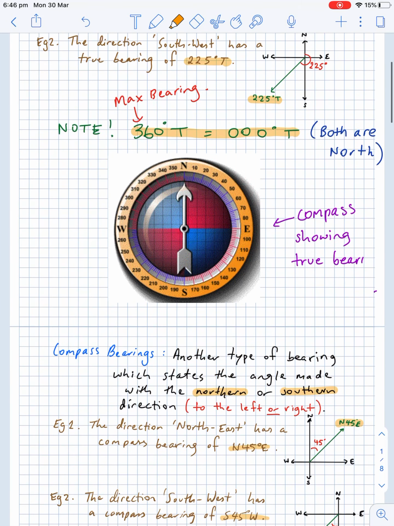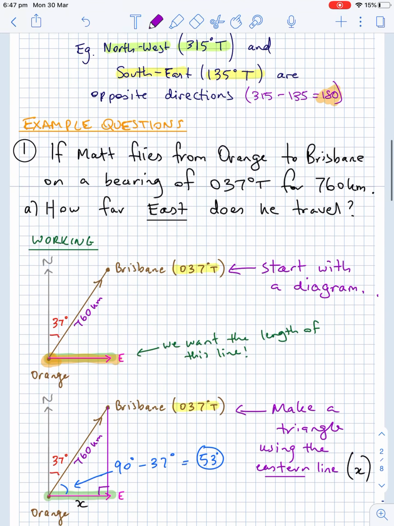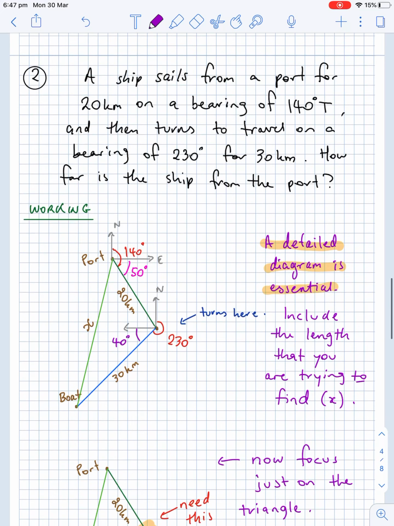If I go back to my diagram here, 140 degree bearing is like right here. It's in between south and east. It's almost perfectly southeast, but it's not quite. So we're in this sort of direction. So let's try to make that similar on my diagram.